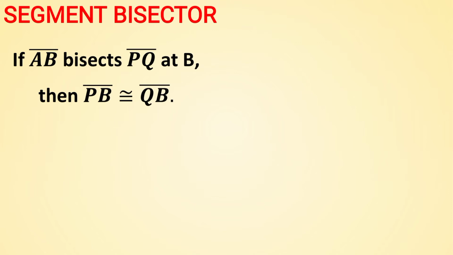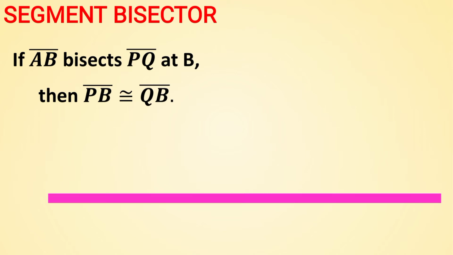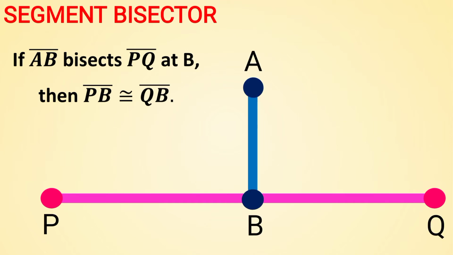If segment AB bisects segment PQ at B, then segment PB is congruent to segment QB. Here is the illustration. We have segment PQ, wherein segment AB bisects segment PQ at B. Therefore, segment PB is congruent to segment QB.